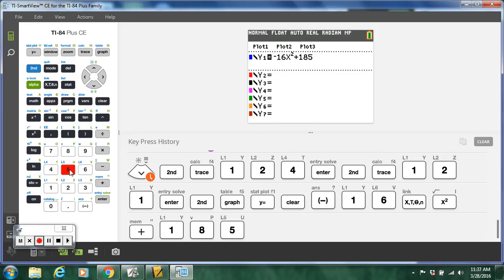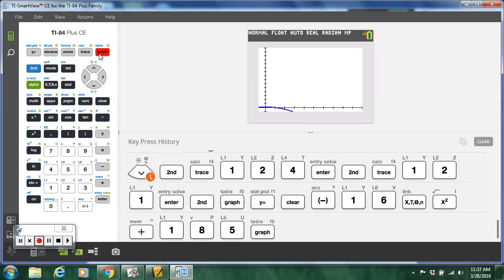And we graph it. Now we'd have to change our window, right? If I just hit graph right now, would I still see it? Well, yeah, there it is. Doesn't look too good, does it? Because we're counting by thousands right here. So what do we really want to count by?